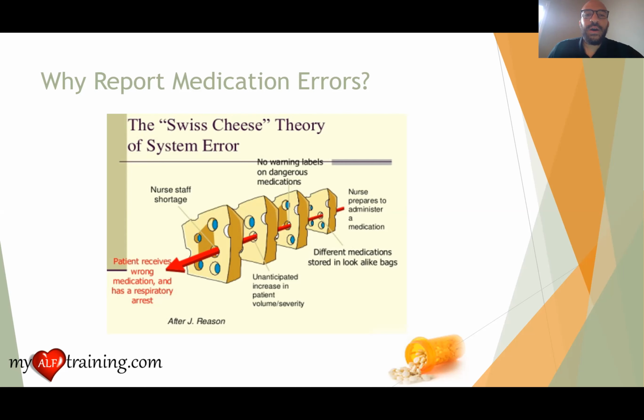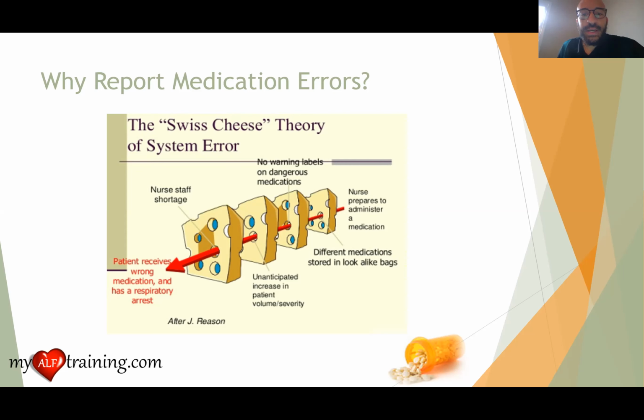You'll see all the way to the right of the picture, it says nurse prepares to administer a medication. And then the very next slice of Swiss cheese above it, no warning labels on dangerous medication. That's the first hole. There isn't a warning label on the medication to alert the nurse that we need to triple check this medication because it can be very dangerous.